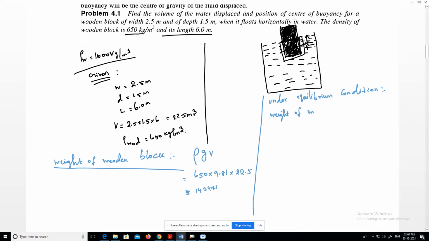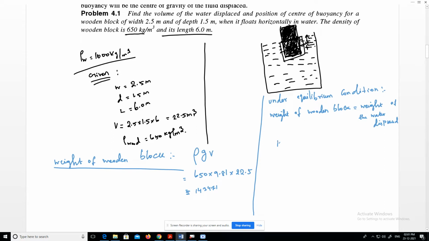Weight of wooden block is equal to weight of the water displaced. The weight of the wooden block is already a known value.